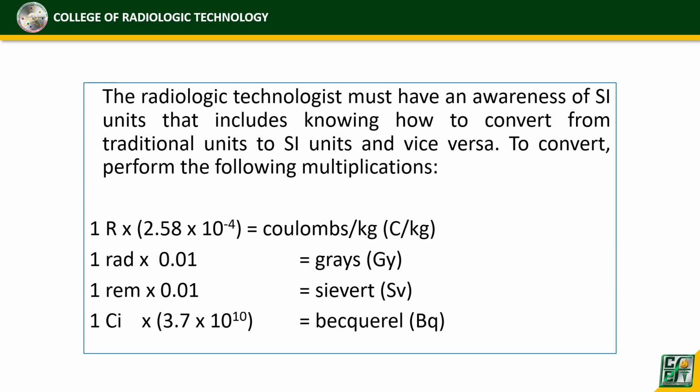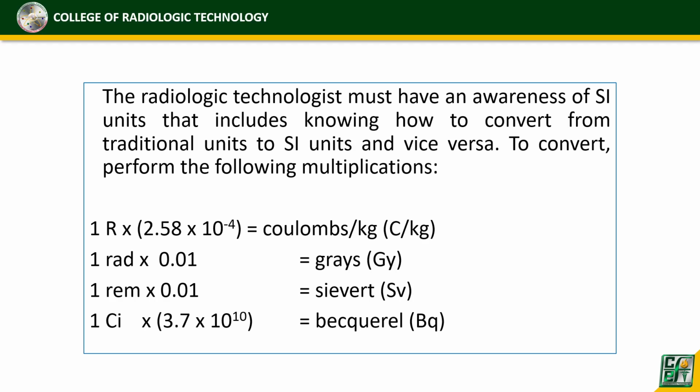Okay, so this is the conversion of the following units, from traditional to SI unit. Okay, so 1 Röntgen, para maging coulomb per kilogram siya, ita-times natin siya sa 2.58 times 10 to the negative 4. So you will get 2.58 times 10 to the negative 4 coulomb per kilogram.